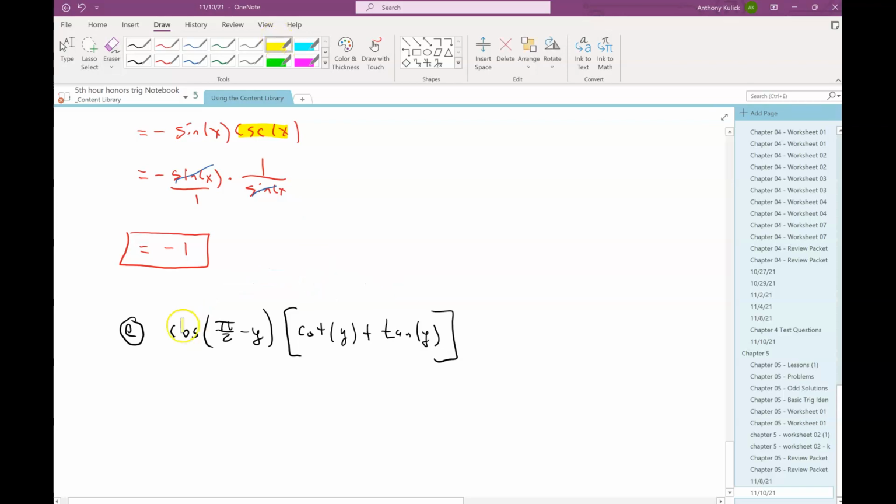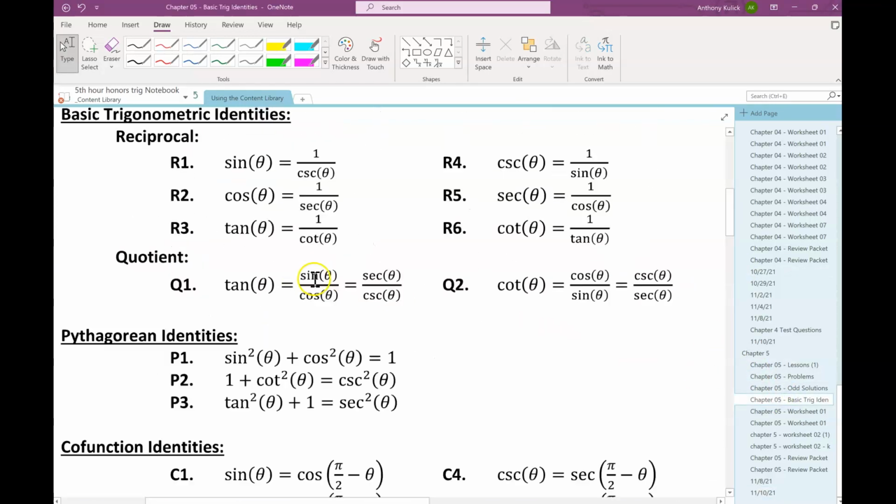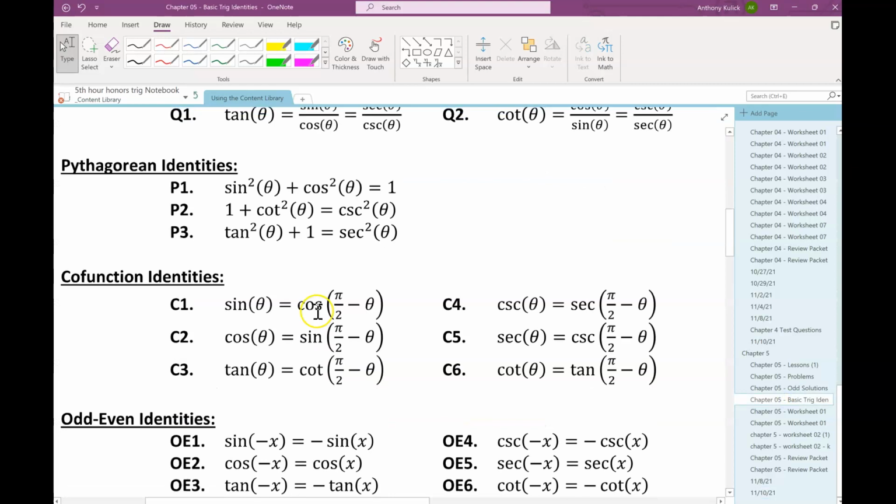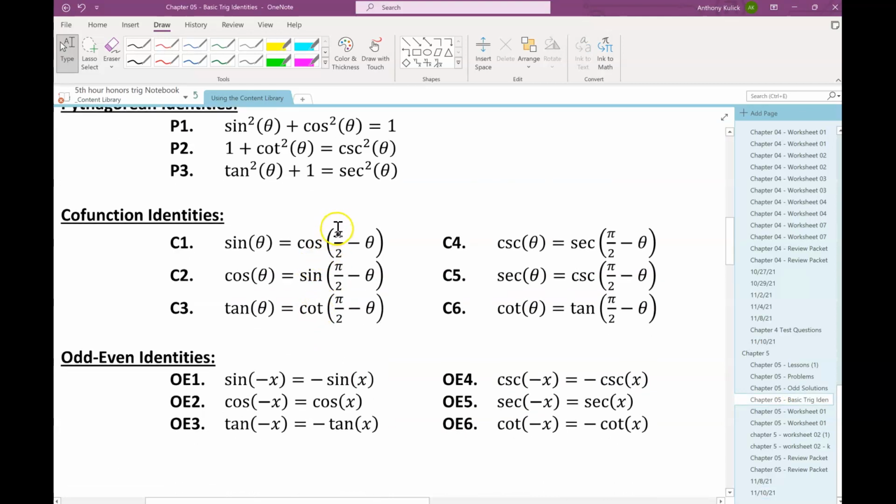So if I go and look at my identities, I'm going to look for something that'll help me sort that piece out. If I look at my cofunctions, I know that cosine of pi over 2 minus theta is just sine. You guys see that?